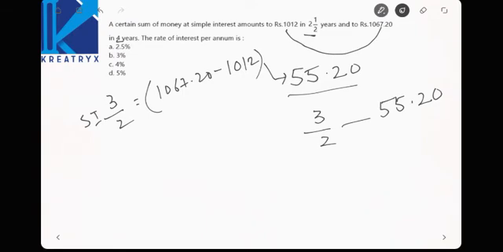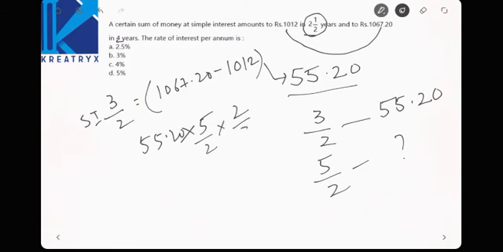Now for first 2.5 years, what will be the interest? 2.5 years means 5/2. Now what is the interest for this? Calculate this. 55.20 into 5/2 into 2/3, that will be equal to how much? 92 rupees. Now see here, for first 2.5 years you received an interest of 92 rupees.